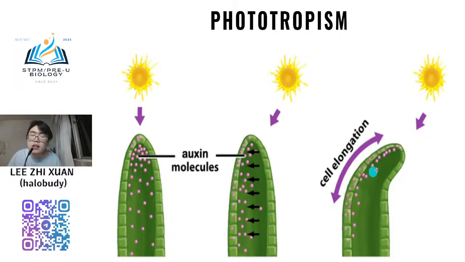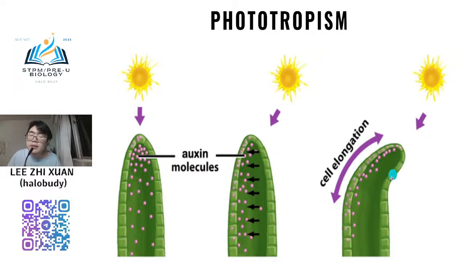That is why you can see that the plants face toward the sunlight. The cells only elongate at the darker side.